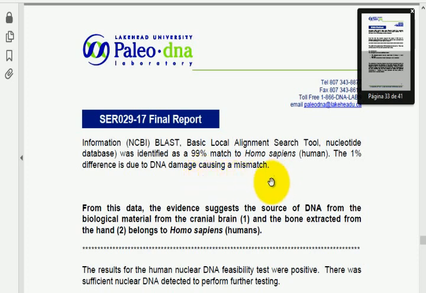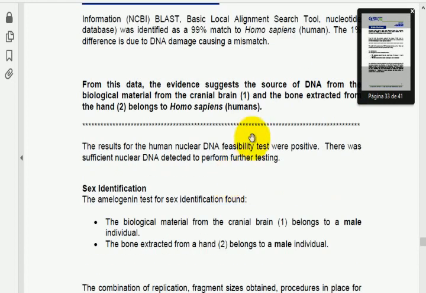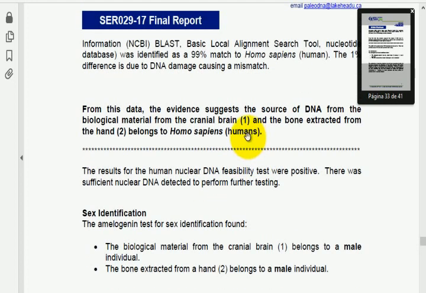Then it means Maria is human, and the 1% here is only due to DNA damage. It's not related to any alien. The results: Homo sapiens human.